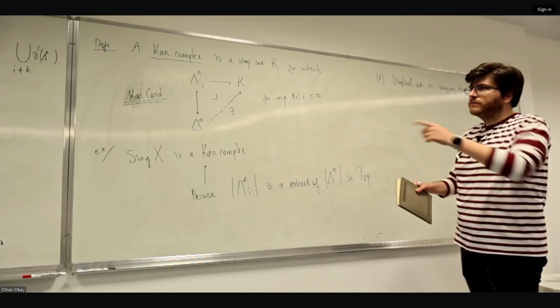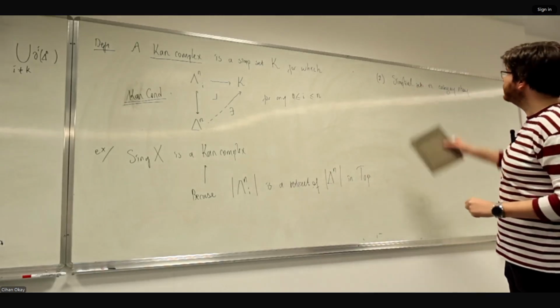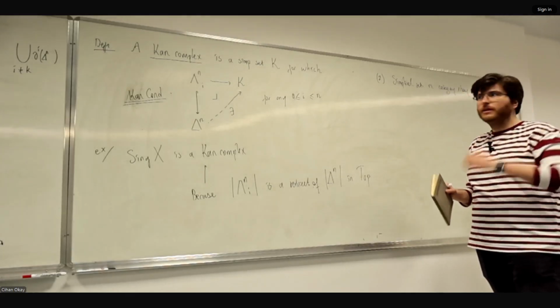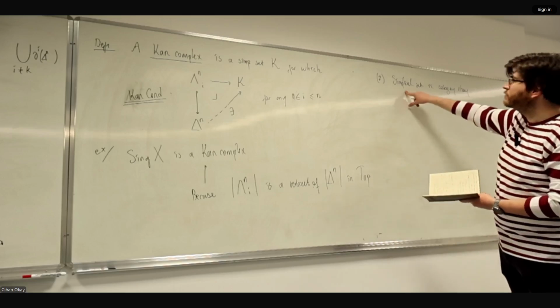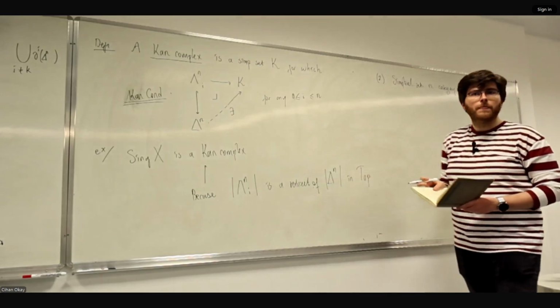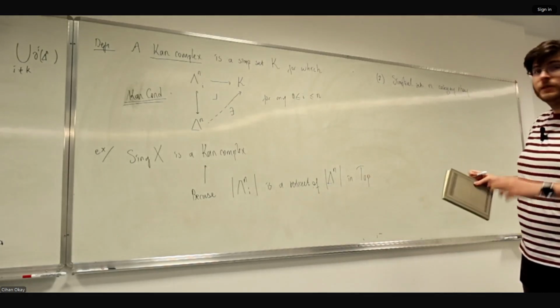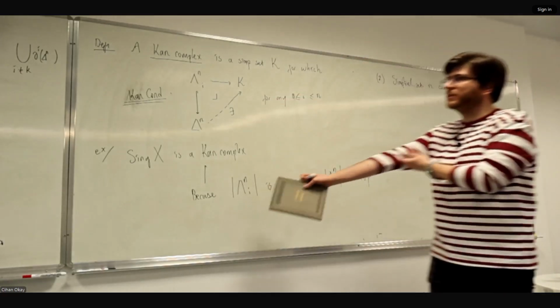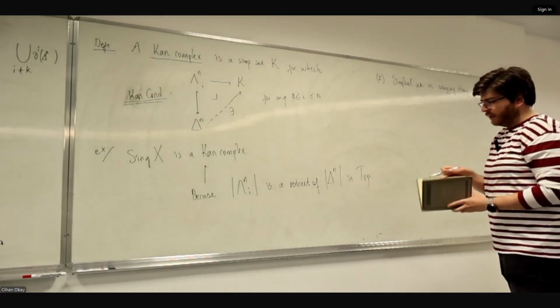So can we do this kind of construction for any given category? You give me a category, so can we construct a simplicial set having a property like this? Which one? Kan complex, we will see in a minute.